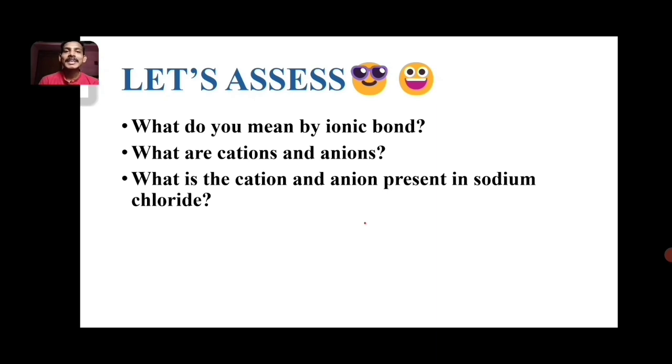Very good. Cations are positively charged species in an ionic compound and anions are negatively charged species in an ionic compound. Otherwise, we can say that cations are positively charged species formed as a result of loss of electrons and anions are negatively charged species formed as a result of accepting electrons.